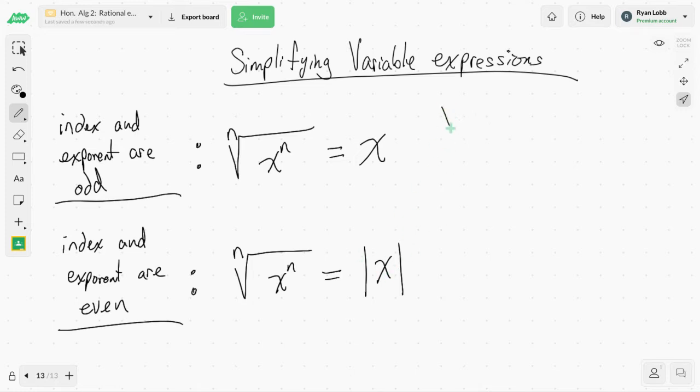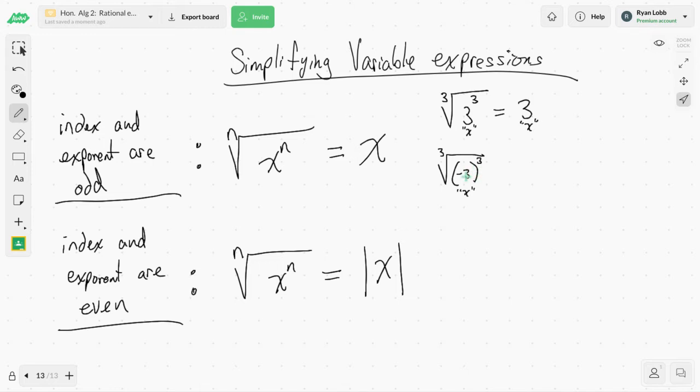Let's say we took the cube root of 3 cubed. This is like my x here. The cube root of 3 cubed is the cube root of 27, which is 3, just x. And if I had the cube root of negative 3 cubed, here my x is negative 3.